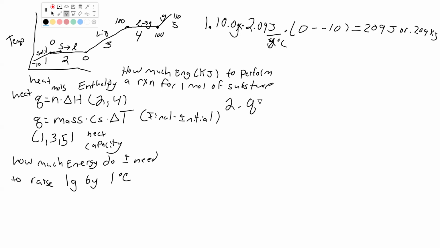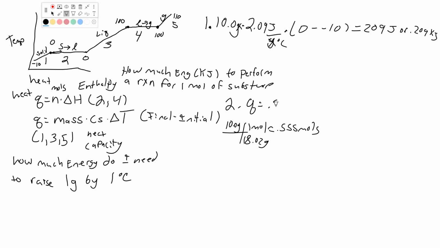Our second segment is we're taking this ice and melting it. So Q equals moles times delta H. I have a weight, not moles yet, so I need to calculate that. My moles are 10 grams divided by 18.02 grams for every 1 mole, which is 0.555 moles.